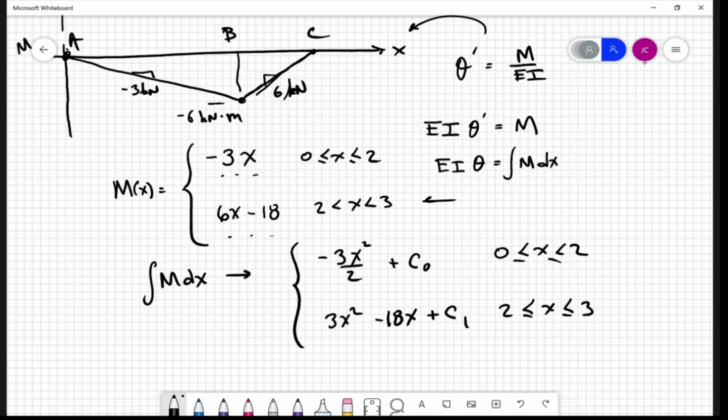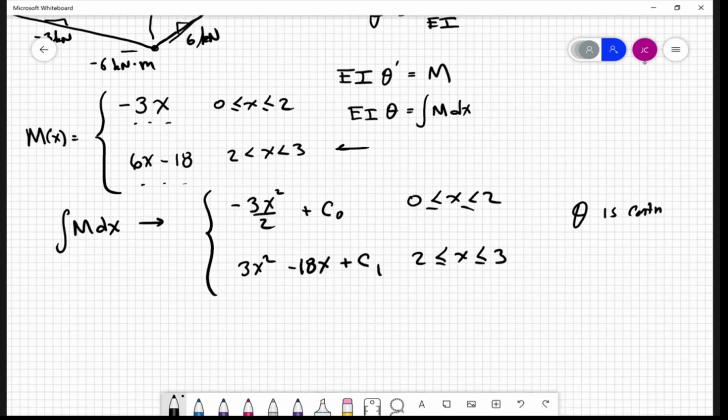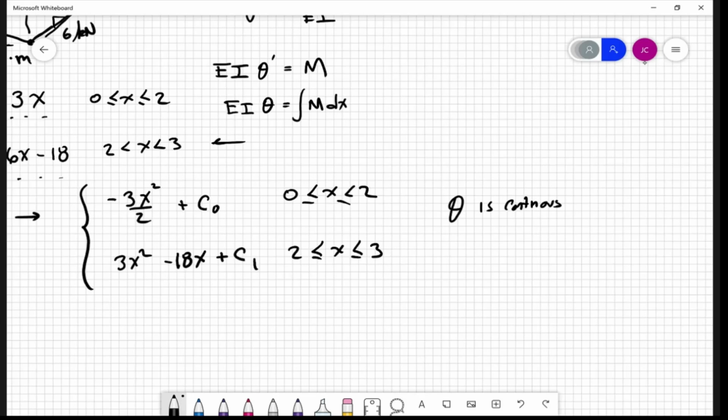Okay. So we did one integration, but we have two integration constants. The reason we have that is because we actually still have to have continuity in the slope at point B. So the slope curve, theta of x, is continuous everywhere, and obviously it's continuous at B. That means the slope at 2 from the minus side has to equal the same evaluation to the right.